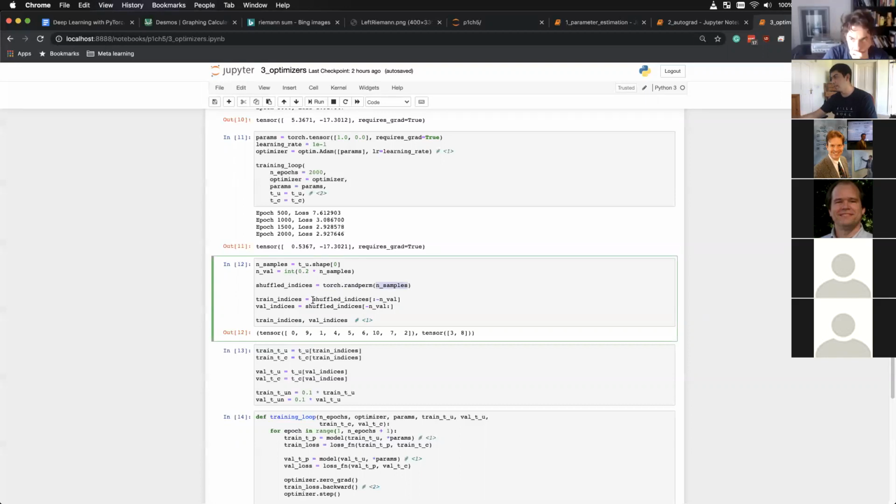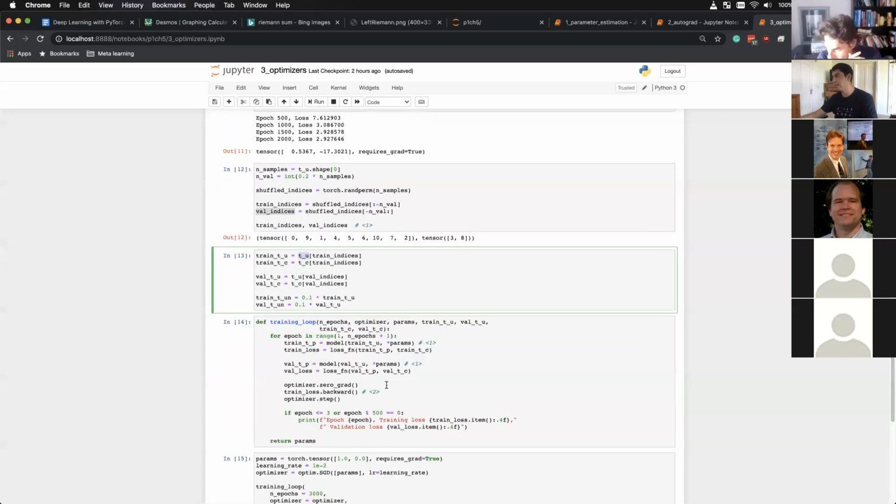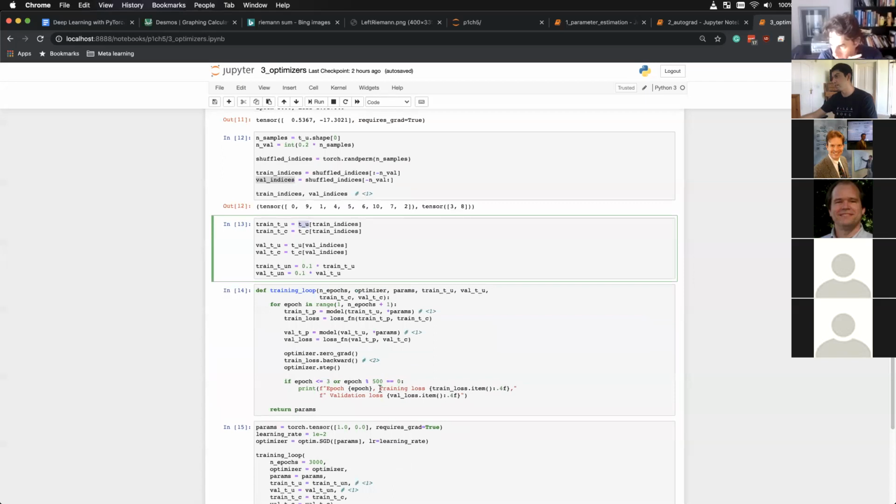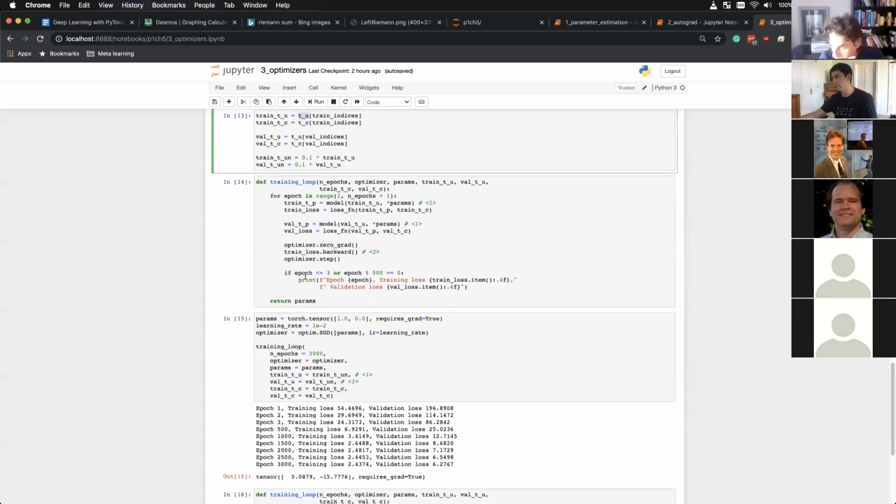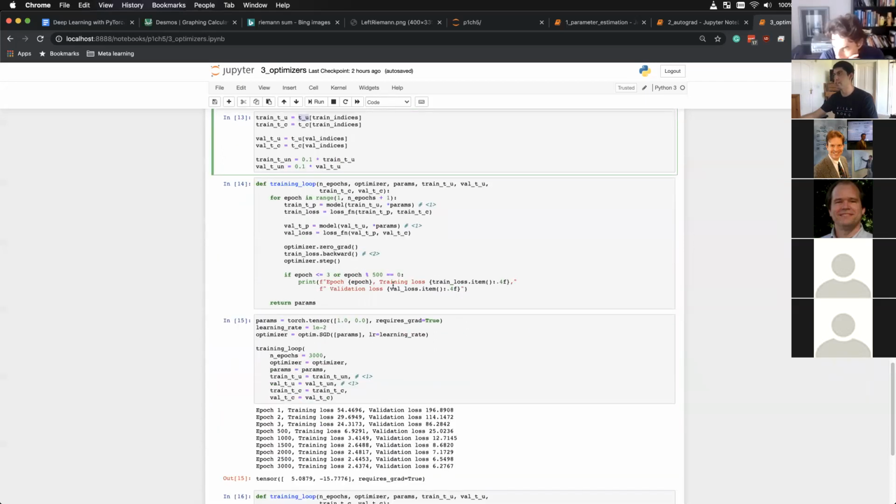Then we are just splitting the data into train indices and val indices, and then we're grabbing that directly out of the data for both the inputs and the labels, and then we can map that to a training set and a validation set. And this is just redefining the training loop, so we also have some validation in there as well.